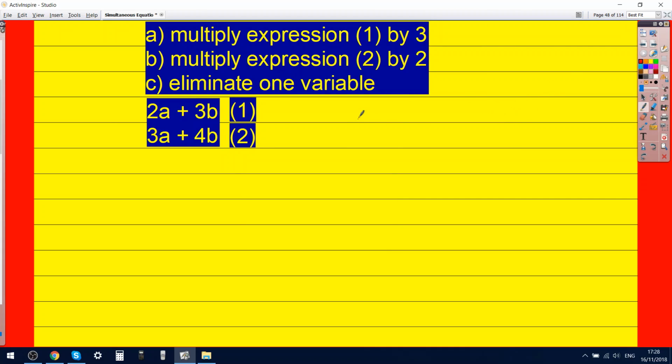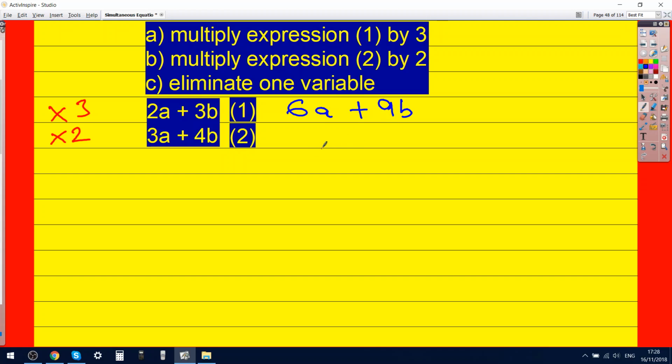Part A, multiply expression 1 by 3, and the bottom one by 2. So triple the top one: 6a plus 9b.